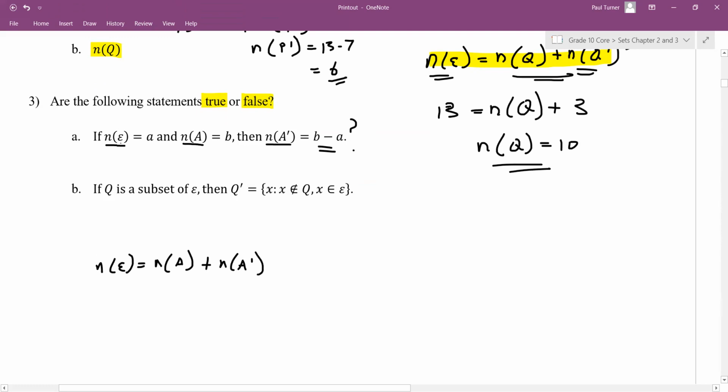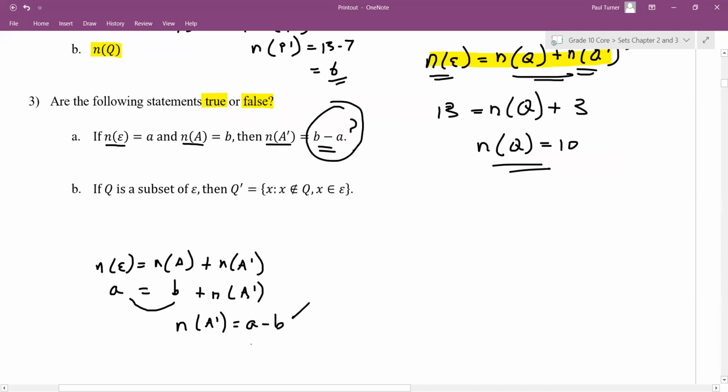So in this case, the number in the universe is A. The number in A is B plus the number not in A. So the number not in A is what? You would bring your B to the other side, you'll get A minus B. But this says B minus A. So that's wrong. This is the correct answer here. It should be A minus B. So this is false in that case. Okay, so I'm just referring back to this solution here.